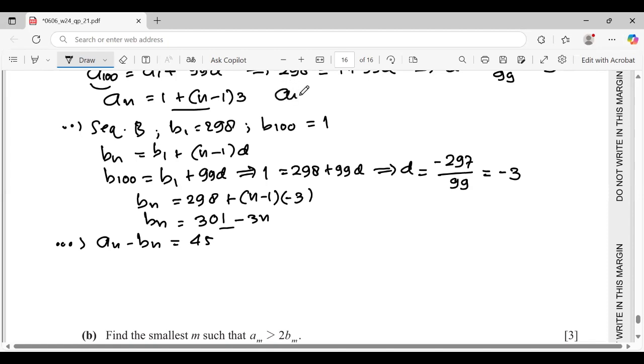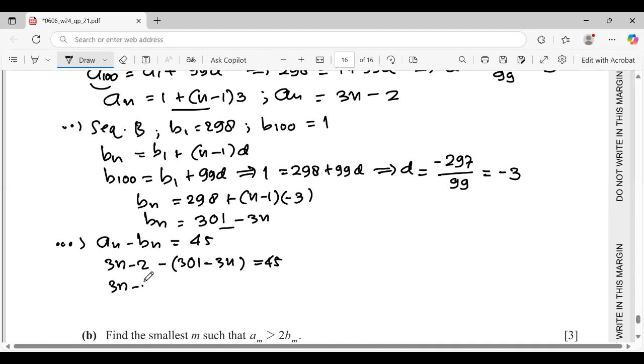I would like to write an as 3n minus 2. So 3n minus 2 minus (301 minus 3n) equal 45.